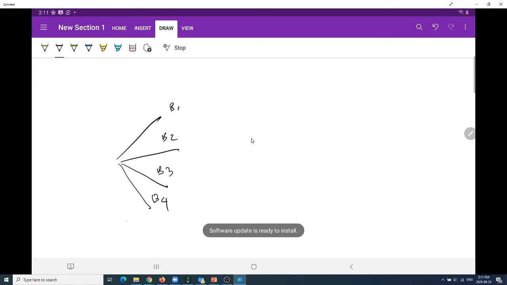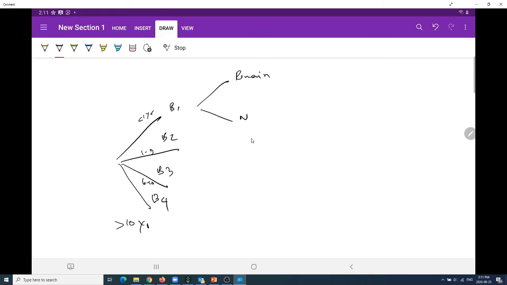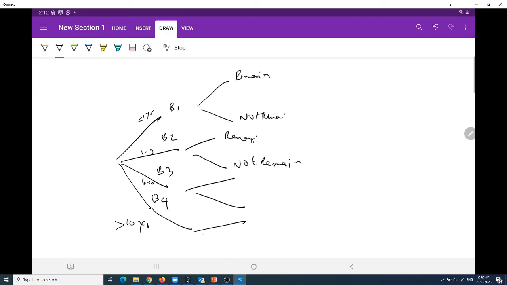Here it's greater than 10 years of experience, 6 to 10 years, 1 to 5 years, and then less than 1 year. And under each scenario, you could do remain, not remain. You could create these this way as well.